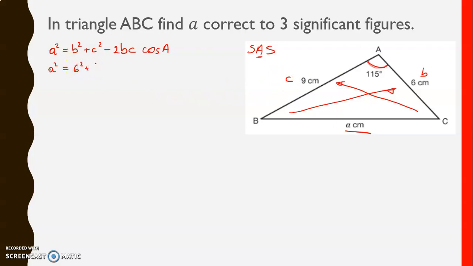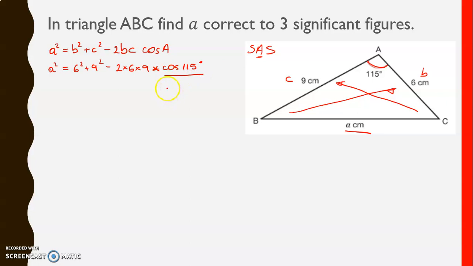6 squared plus 9 squared minus 2 times 6 times 9 times cos of 115 degrees. Make sure your calculator is in degrees.